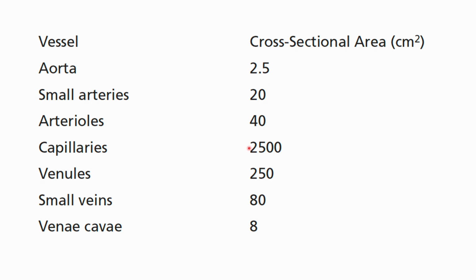Whereas the highest cross-sectional area is in the capillaries, so lowest velocity. Again, it's important for exchanging nutrients and substances between the tissues and the blood. You can also note that here on the venous side, the cross-sectional area is higher than that of the arterial side.